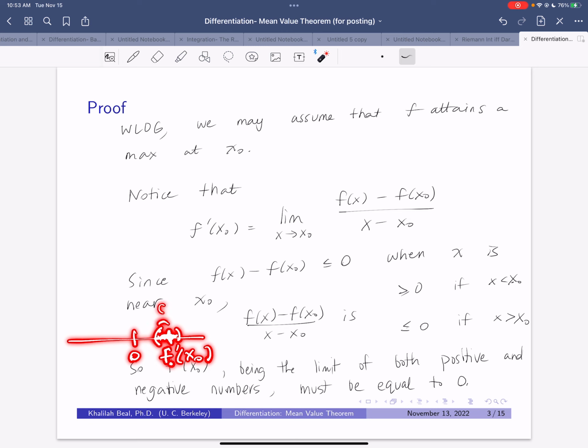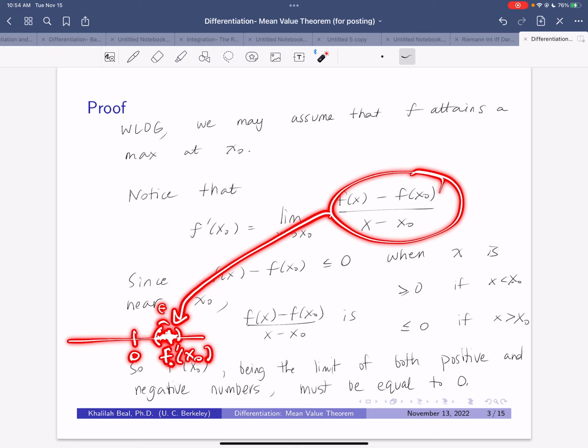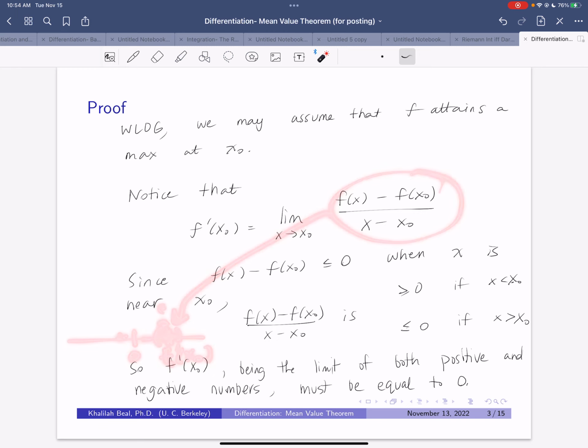So if I get close enough to x naught, all of my values of the difference quotient should be within epsilon units of my limit. But I'll always have some values negative, and I'll always have some values positive, and you get a contradiction, right?